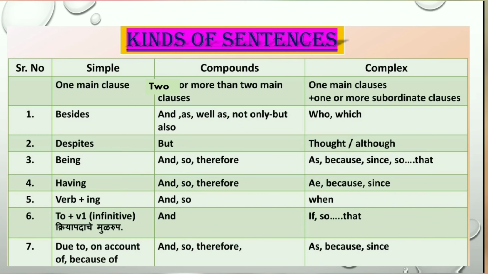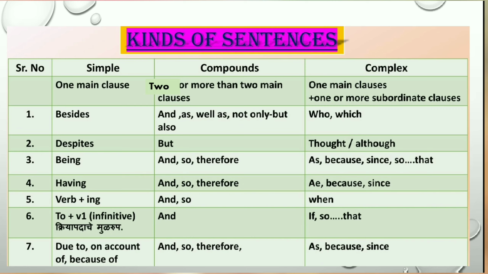Having, if it is used in a simple sentence, you can use and, so, therefore to make a compound sentence, and because or since to make a complex sentence. Verb plus ing, meaning progressive form, is used in a simple sentence, then you can use and or so in a compound sentence, and when in a complex sentence.